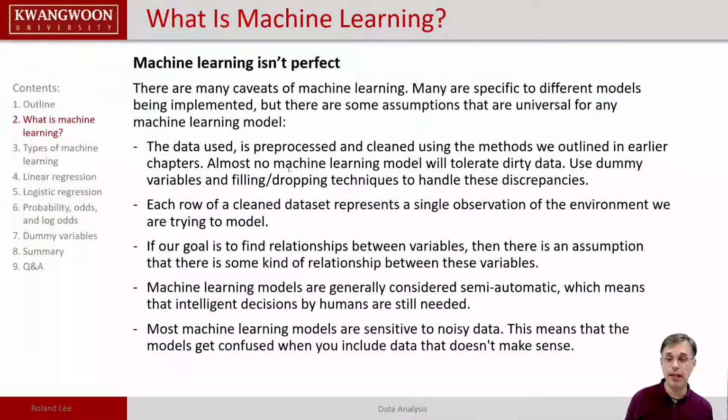As we know, machine learning isn't perfect. Not yet. We are not there so far. So there are many problems around machine learning. Many are specific to different models being implemented, but there are also some assumptions that are universal for most of the machine learning models. Well, first of all, the data used for the most part is processed and cleaned using the methods we talked about during the earlier chapters.